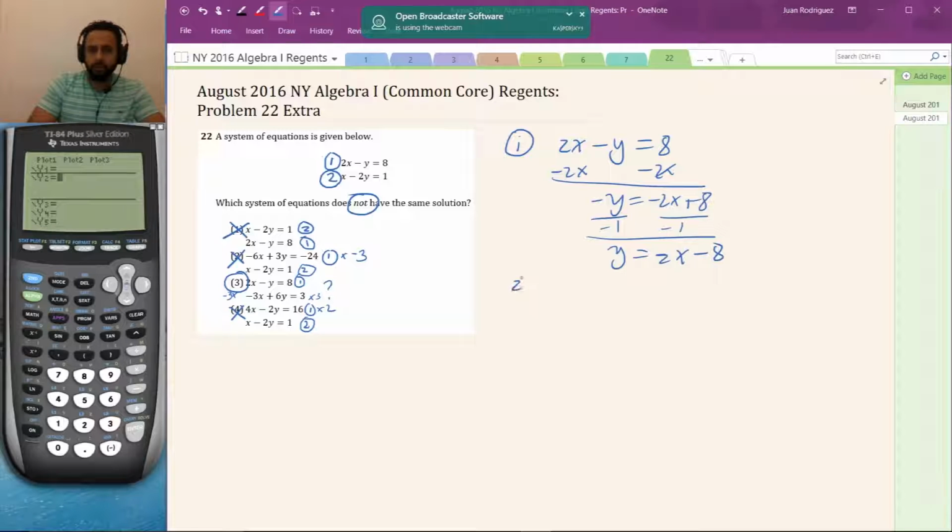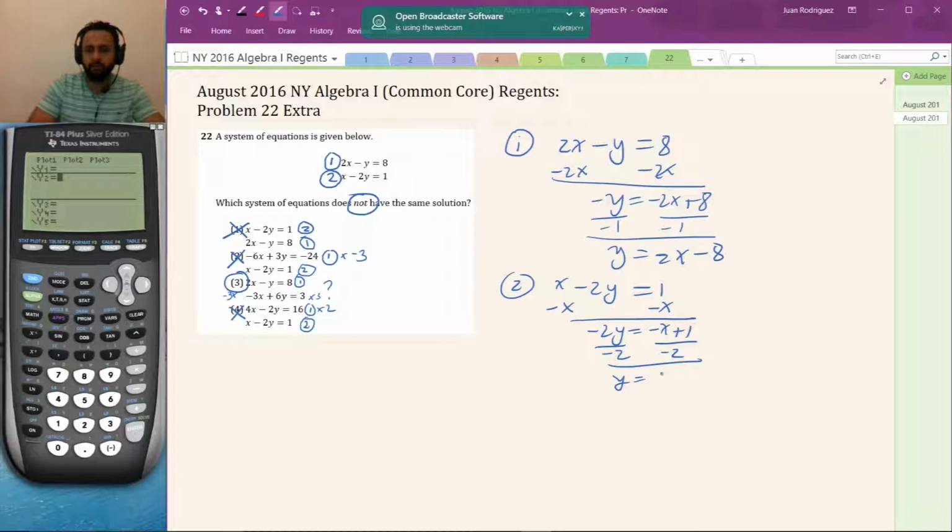And in equation 2, you get x minus 2y equals 1, minus x, and you get negative 2y equals negative x plus 1, and divide by negative 2, you get y is equal to, let's see, negative x divided by negative 2 is 1/2 x plus a negative 1/2, okay, and that's y.